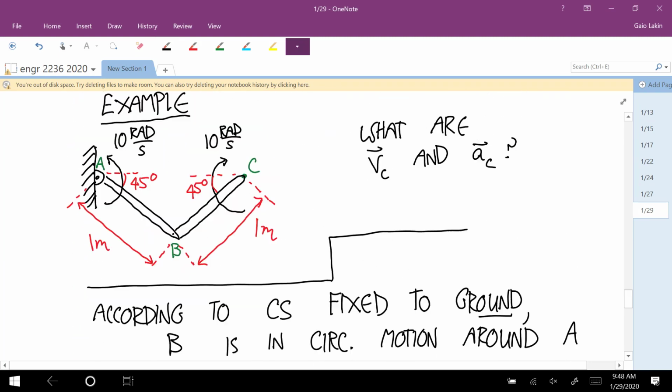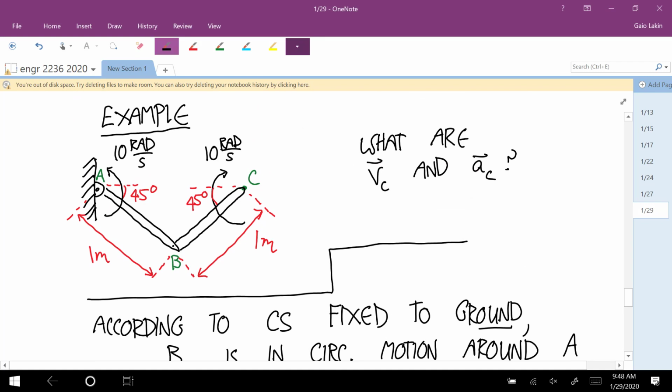What's the angular velocity vector of the right body? Yep, 0, 0, negative 10, exactly. So use the right-hand rule. The thumb's pointed in the negative z direction. The magnitude is 10.